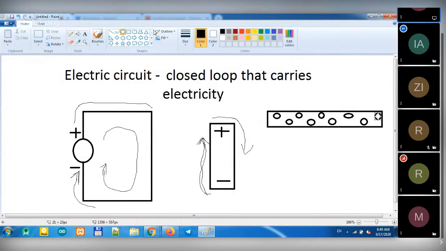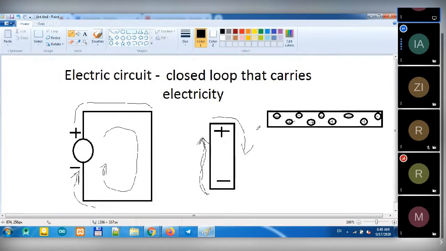Okay. Let's say this is positive. Okay, this is negative. Negative, negative, negative, negative. This is positive, positive, positive, okay?